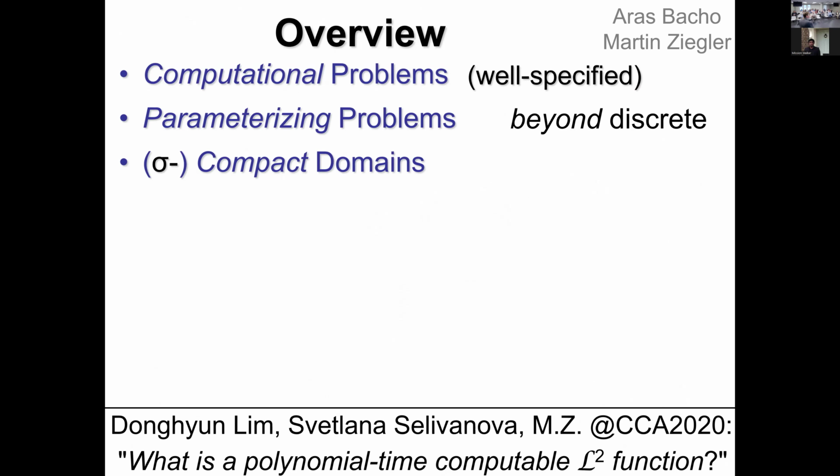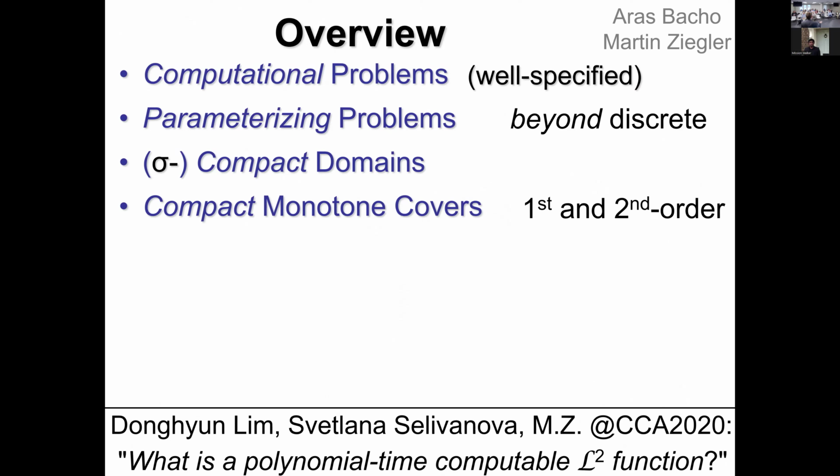I'm going to recall the easy case of compact domains, then generalize to sigma compact domains, that is, countable unions of compact sets. Then generalize that parameterization to compact monotone covers. First and second order parameterizations. I'm going to explain that.